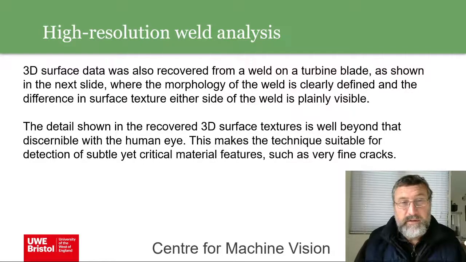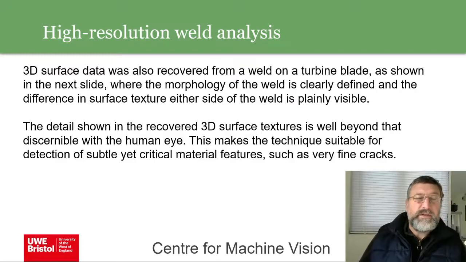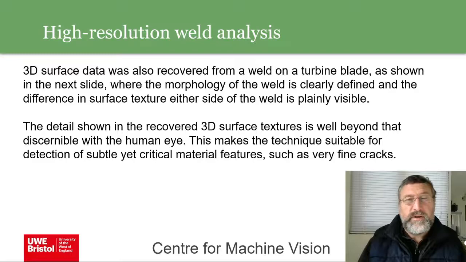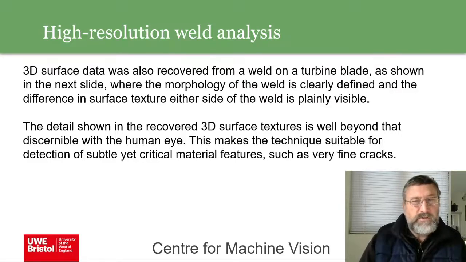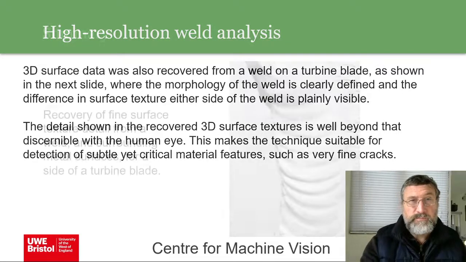Very fine cracks might show up quite nicely, I think, using this technique, especially versus very faint marking, because the crack would have two surfaces, and you probably get light reflections off those surfaces, giving you more information. So differentiating between a fine crack and just a very light mark would be very worthwhile for something like a turbine blade, of course.